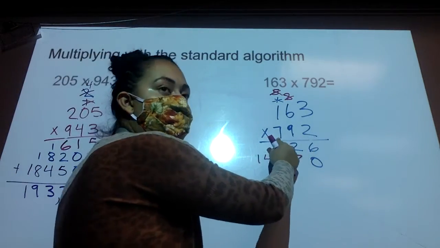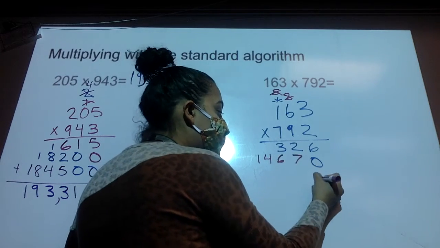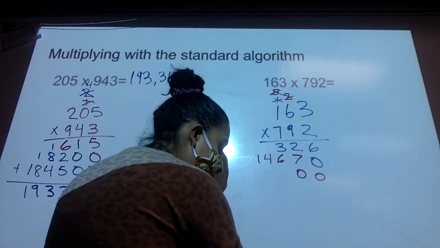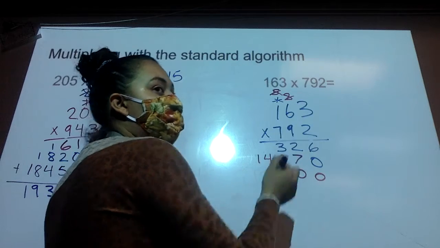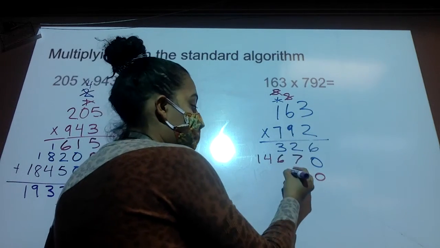Now we are in the hundred place for 700. So add in 2 powers, plug in 2 powers of 10 first, and then start multiplying again. So now we have 7 times 3. 21.